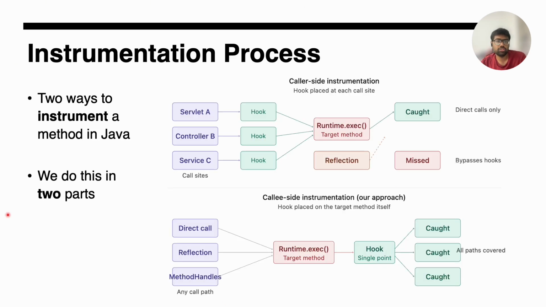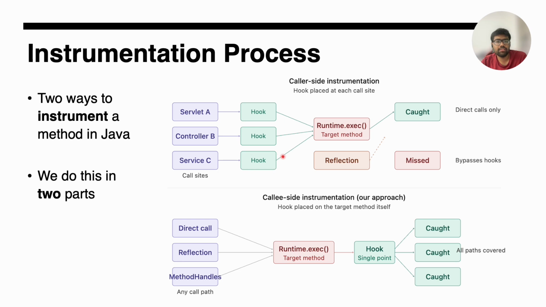Now, there are two ways to instrument a method in Java. The first one is caller-side instrumentation, where you place a hook at every call site. For example, if A, B, and C all call the Runtime.exec method, you have to place the instrumentation code at each of those places.